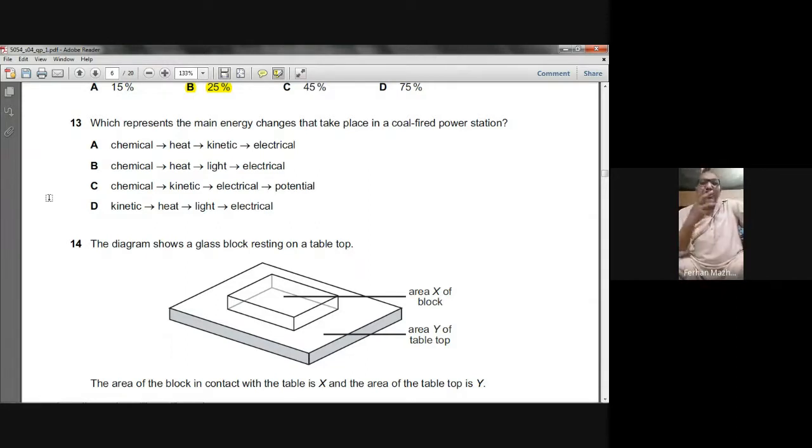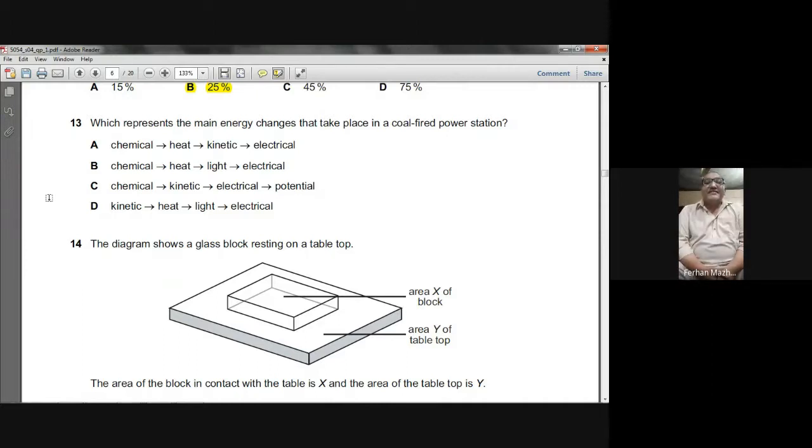Then we burn the coal, boil the water, and get steam, and that steam is used to turn the turbines, and then we use generators and produce electricity. So the initial energy should be chemical potential energy in the coal, then heat, then kinetic energy, and finally electric energy.